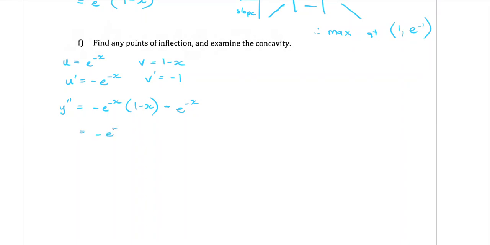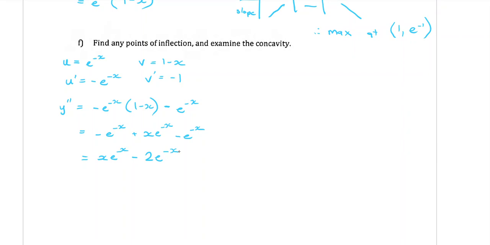It's minus e to the minus x, and then plus x e to the negative x minus e to the negative x. I just have two of them that I can collect up. I was hoping they'd cancel out, but they didn't. So it's x e to the negative x minus 2 e to the negative x. And there is my second derivative.